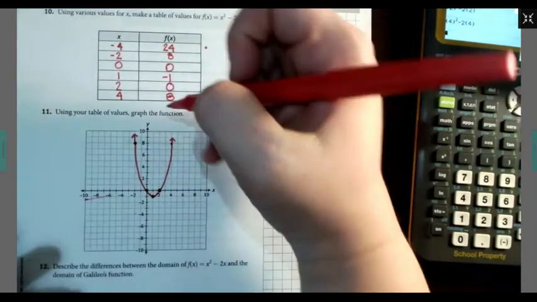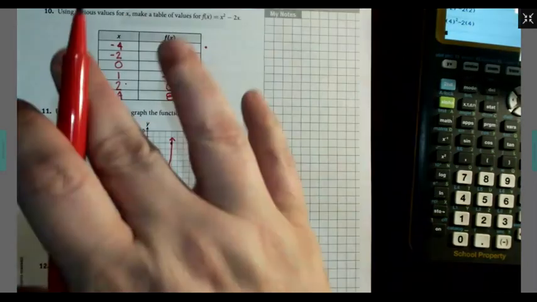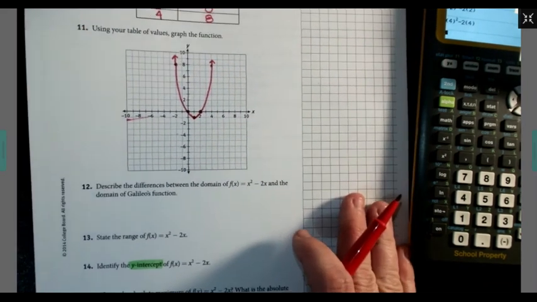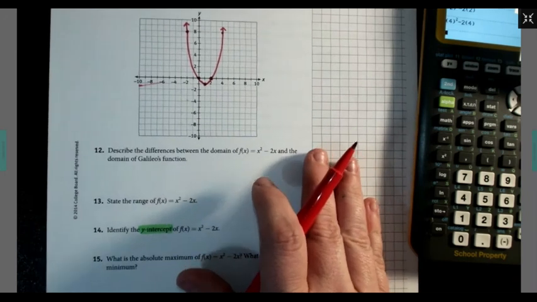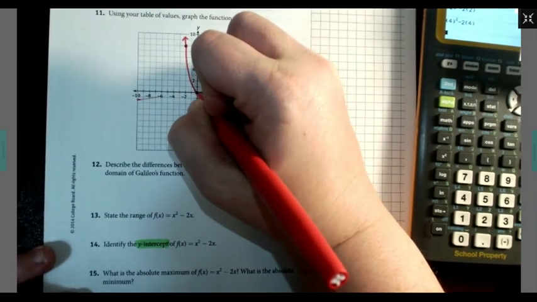And remember that 24 would have been like way up here. I mean, it's way up there somewhere, okay? What are you seeing? I'm seeing like this U shape.